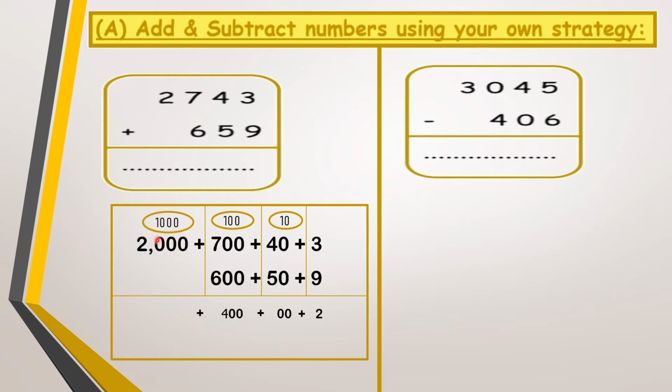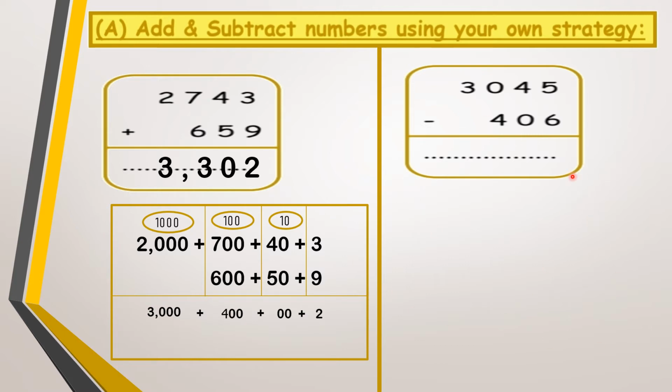Now I have 1000 plus 2000 equals 3000, and I have nothing here, so I will drop down the 3000. So this is a number in expanded form, and I'll write it here with each digit in its place value, so it's going to be 3402.